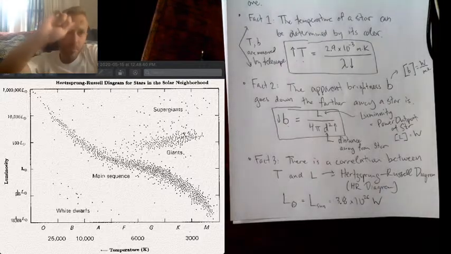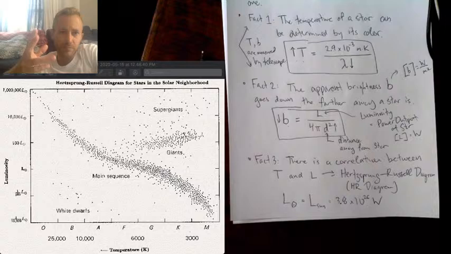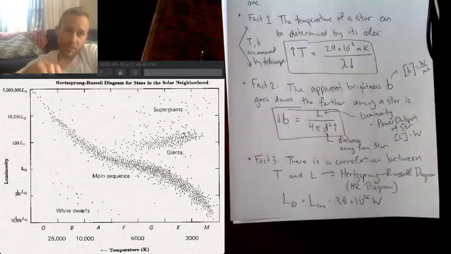If we go to the upper left-hand corner, those are the stars that are extremely bright and extremely hot. I'm trying to think of who's a celebrity who's hot and bright. Probably maybe Paul Rudd. I'm going to put Paul Rudd in there.